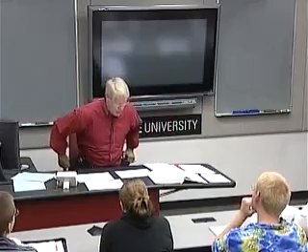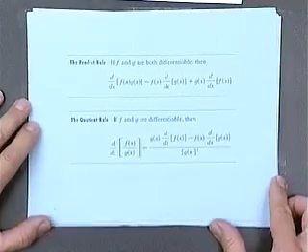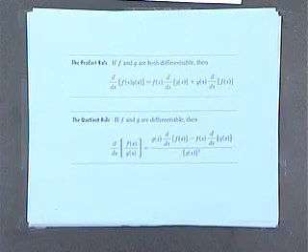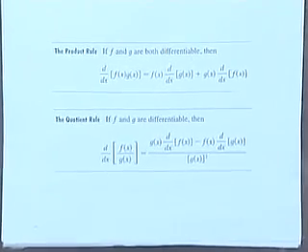All right, let's do one example, and I think we have a WebAssign. Here's a summary page of the two things that we just learned. Some of you already know it. And then we had a couple of examples.